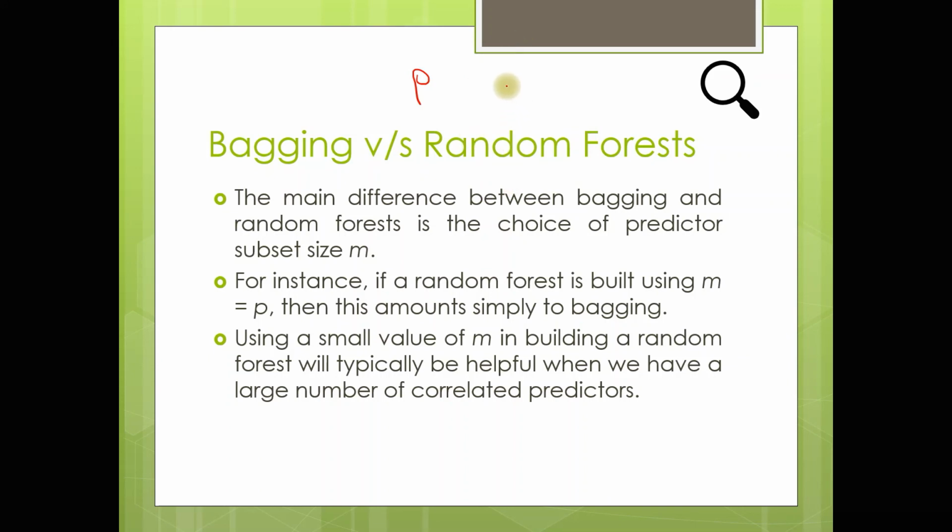But random forest takes a subset M of that P. And I just explained to you how we come up with that selection of M. Using a small value of M in building a random forest will typically be helpful when we have a large number of correlated predictors. Just remember that.